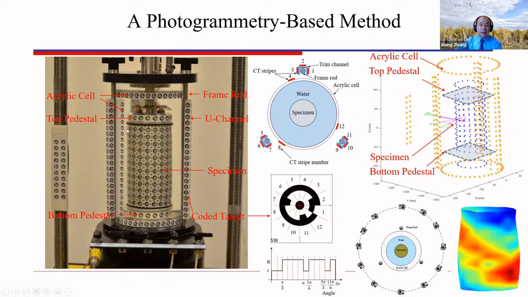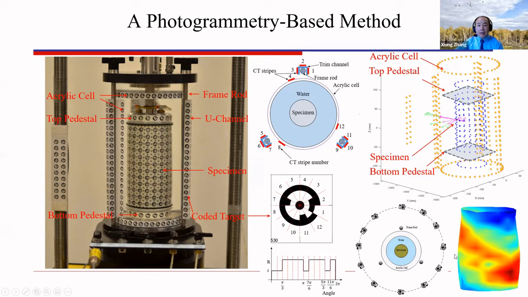And then as long as you can see the soil specimen, you are doing the measurements for the soil specimen. So for each picture, you are doing many measurements for many points. And you can take many pictures for the same points.